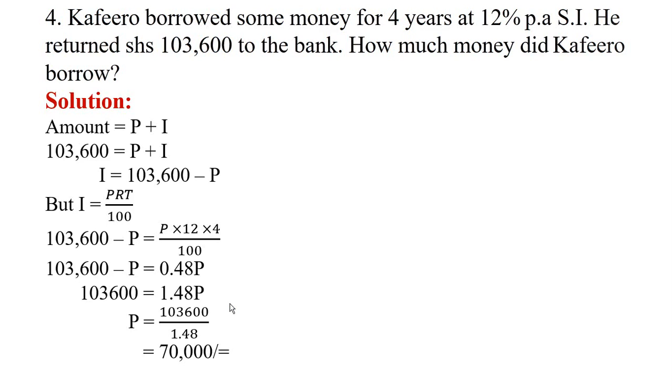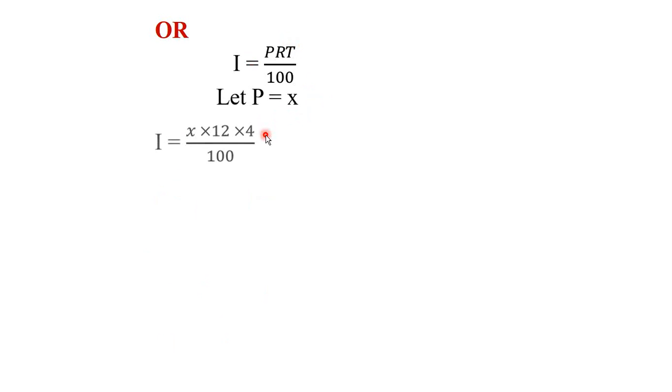Another way, let's look at another method we can use to calculate for the principal. Now in this method, we know first of all that interest is equal to the principal times the rate times the time divided by 100. So we can let P be X. If we let the principal be X and we substitute there, we shall have our I as X times R times T divided by 100.